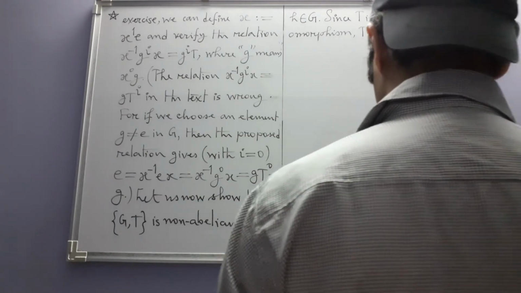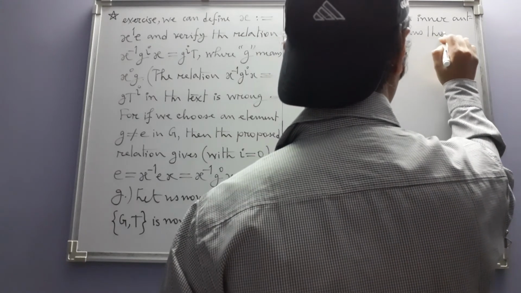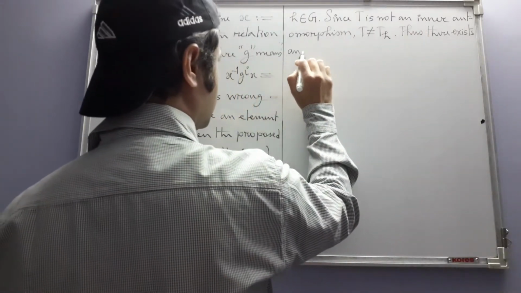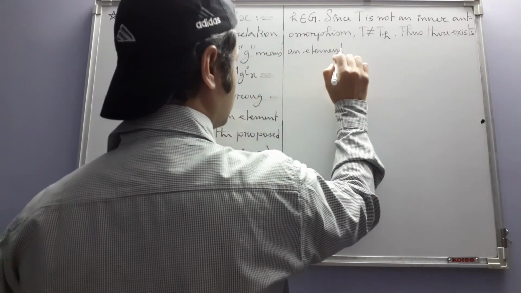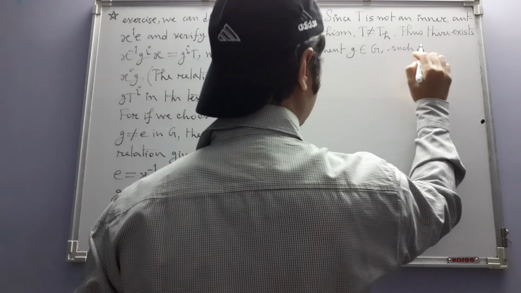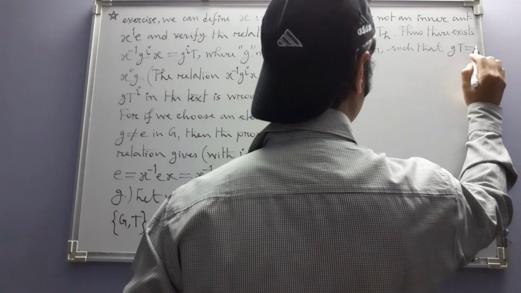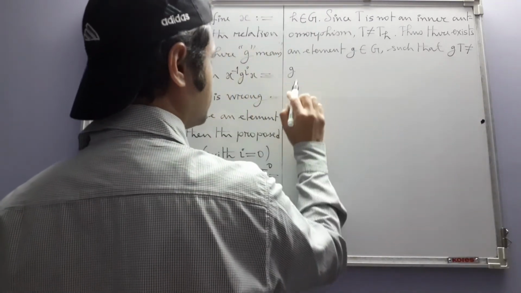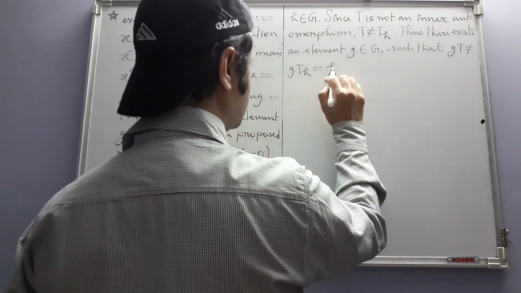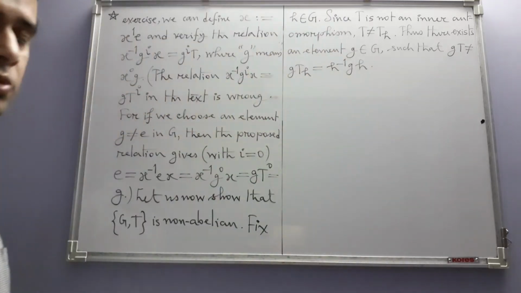Now, what is the consequence of this? Thus, there exists an element G belonging to G such that GT is not equal to GTH. Now we know how to calculate GTH. GTH is H inverse GH because TH is an inner automorphism.